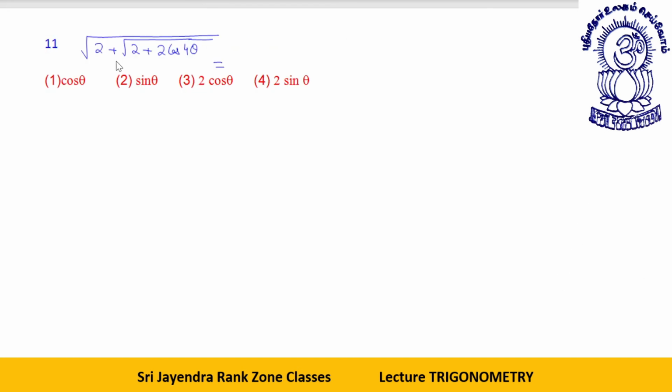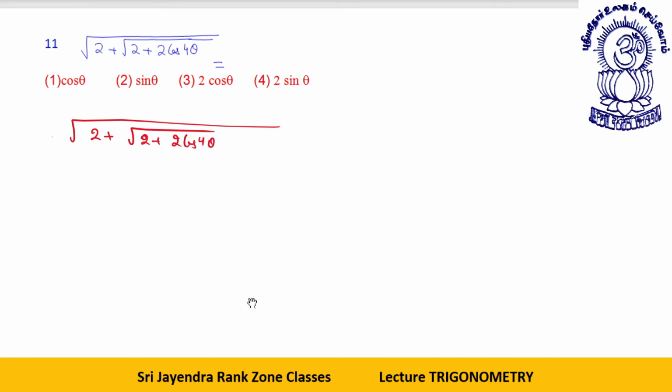The next question we have is root of 2 plus root of 2 plus root of 2 cos 4 theta. How to proceed about it? Look, dear students. Fine, I'm writing this in detail. 2 plus 2 cos 4 theta.